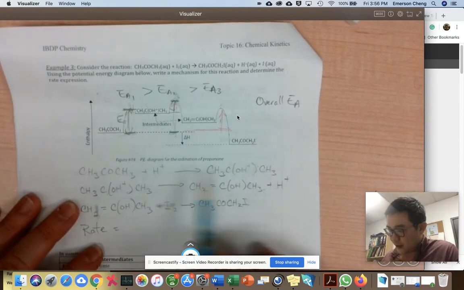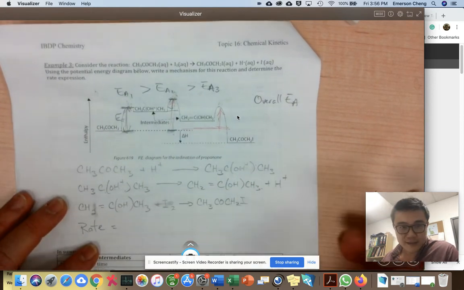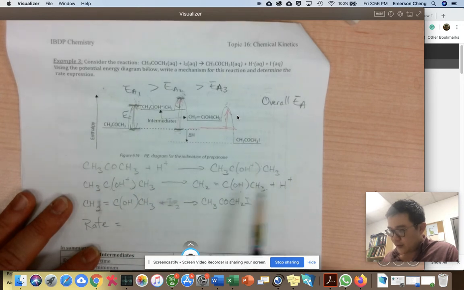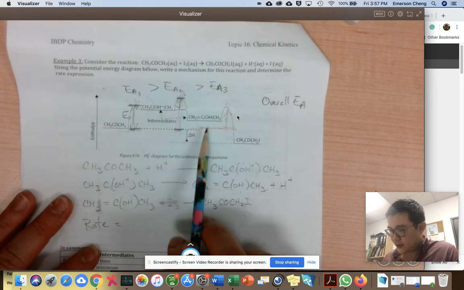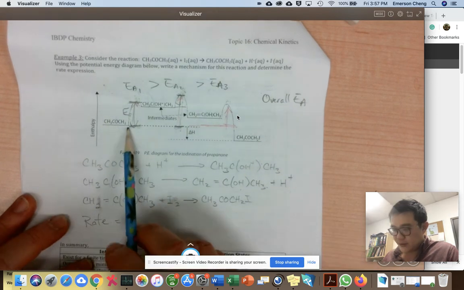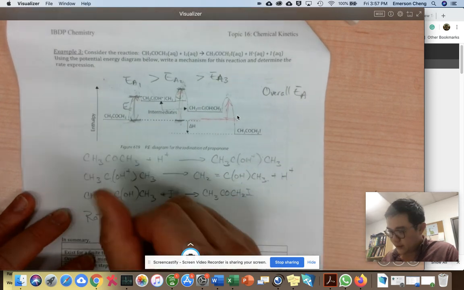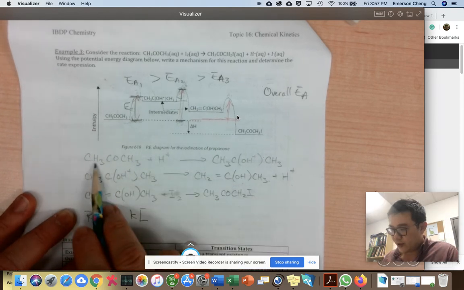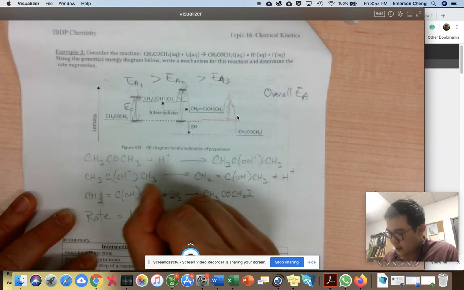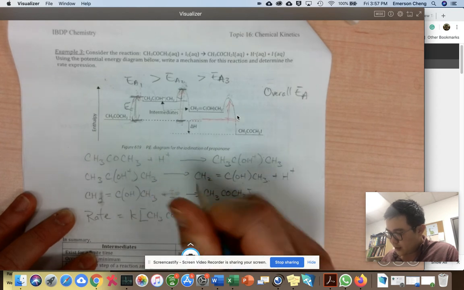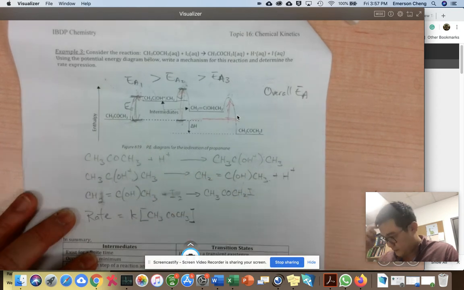So we put it here, you have something like this, and then you go to the second step here, and then the third step here. Because this is the rate determining step, the rate equals k times the concentration of CH3COCH3.